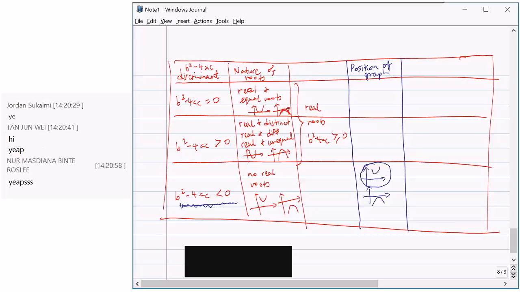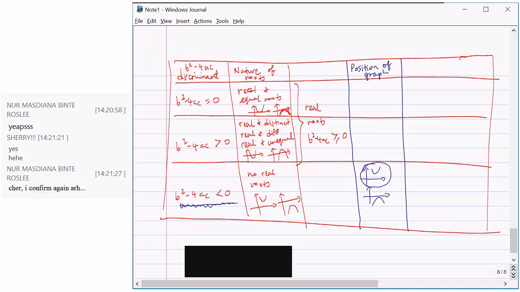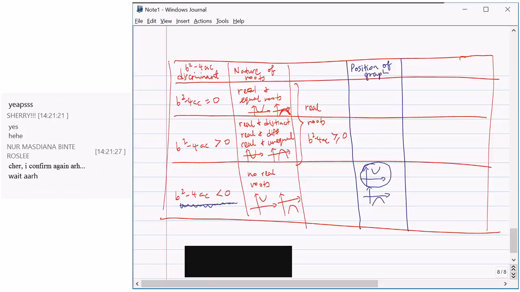Any question from the HBL worksheet that you need help with? Sherry, you understand the real roots, real and unequal, real and equal already? What's the relationship? Okay. Okay, yeah. Yeah. Just ask.